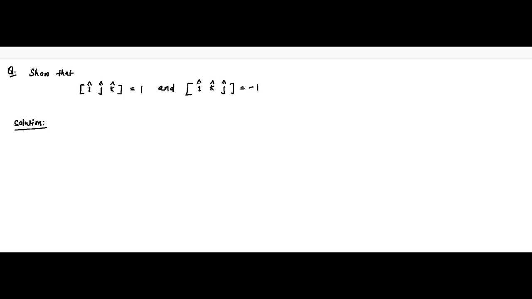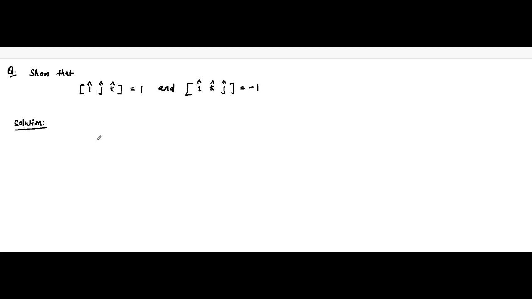Then the second vector has only y component, and the third has z. Here the first has x, second has z, and the third has y, all unit magnitude.